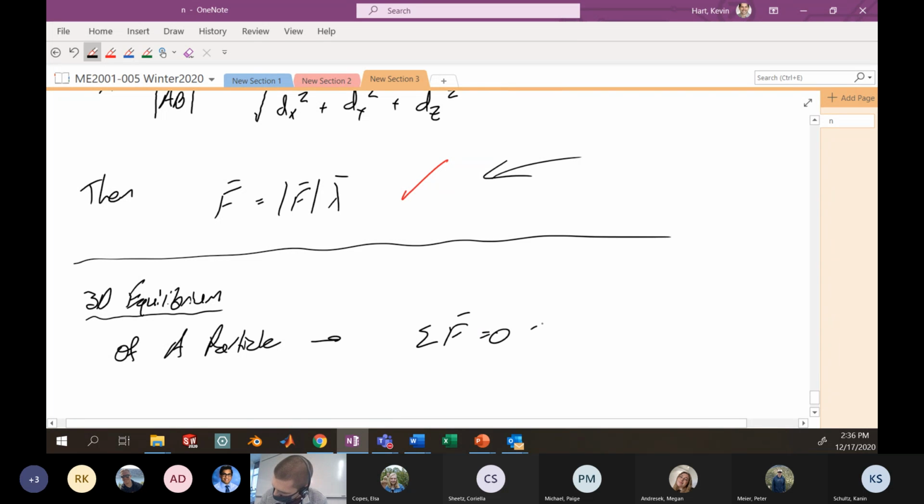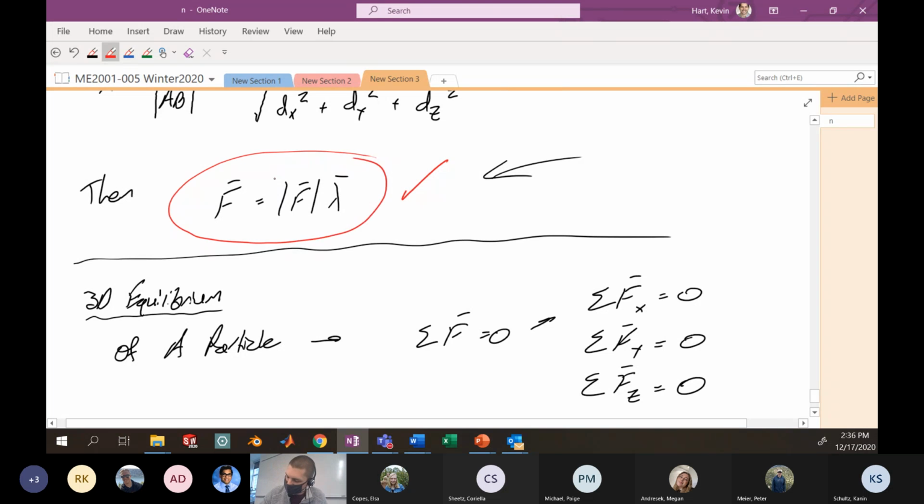Sum of the forces equal to 0, which led us to sum of the forces in x equals 0, sum of the forces in y equals 0, and sum of the forces in z equals 0. Being able to describe the force in its rectangular components by creating this unit vector lambda, which expresses that force in its principal directions i, j, and k, becomes important when using these equilibrium equations.